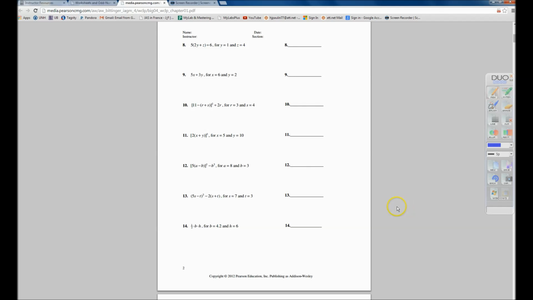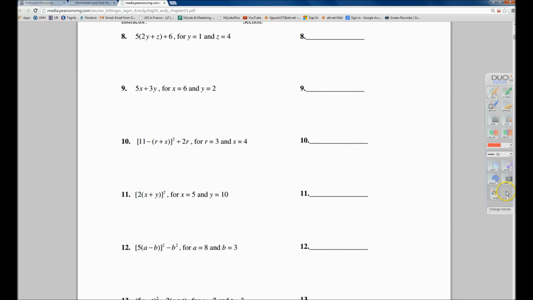But let's see how this is going to work. Okay, we're going on now to item 8, where they want us to substitute these values for the letters. So let's just do some substitution.